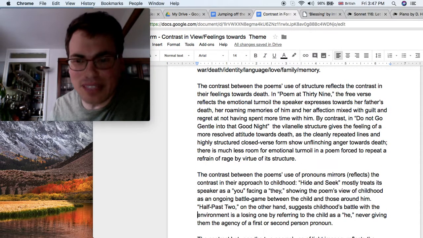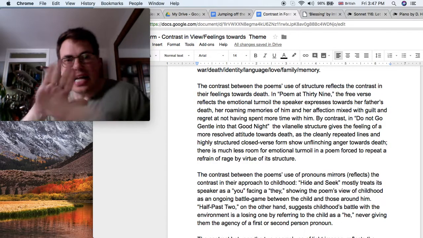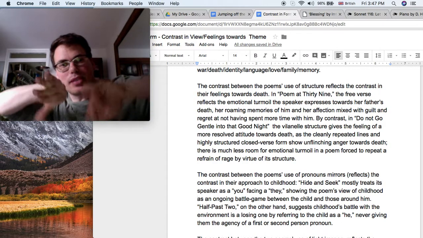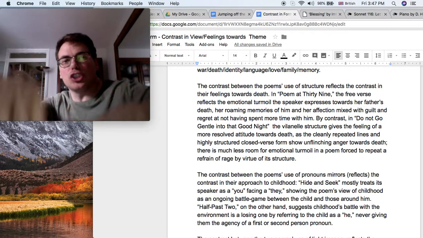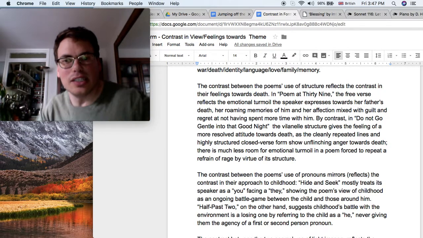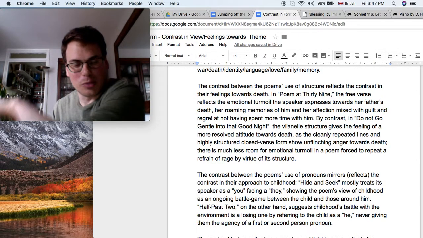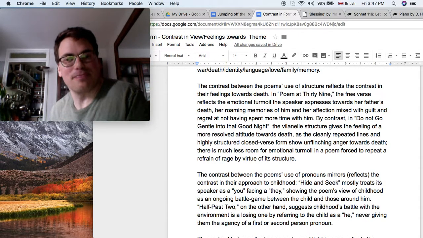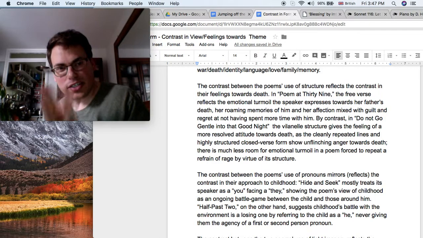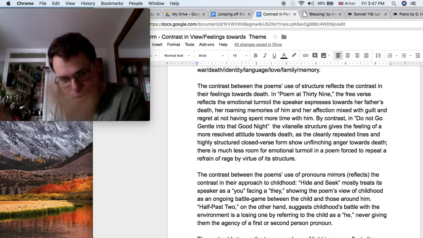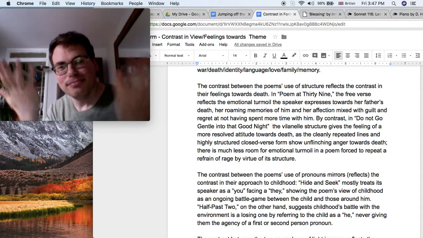But the bigger point for me was how the contrast in form maps onto, suggests a contrast in attitude. More emotional turmoil, less emotional turmoil. More emotional consistency. More consistent structure, less consistent structure. Pretty straightforward.